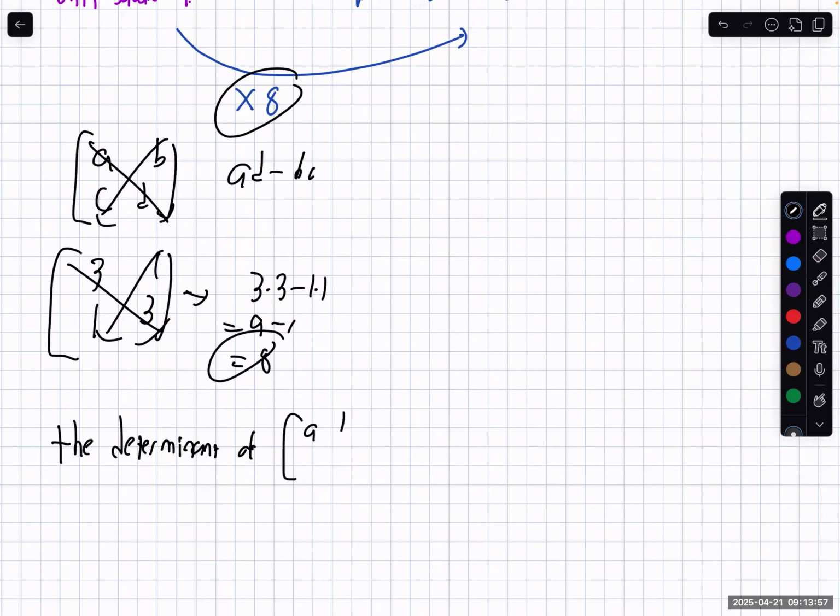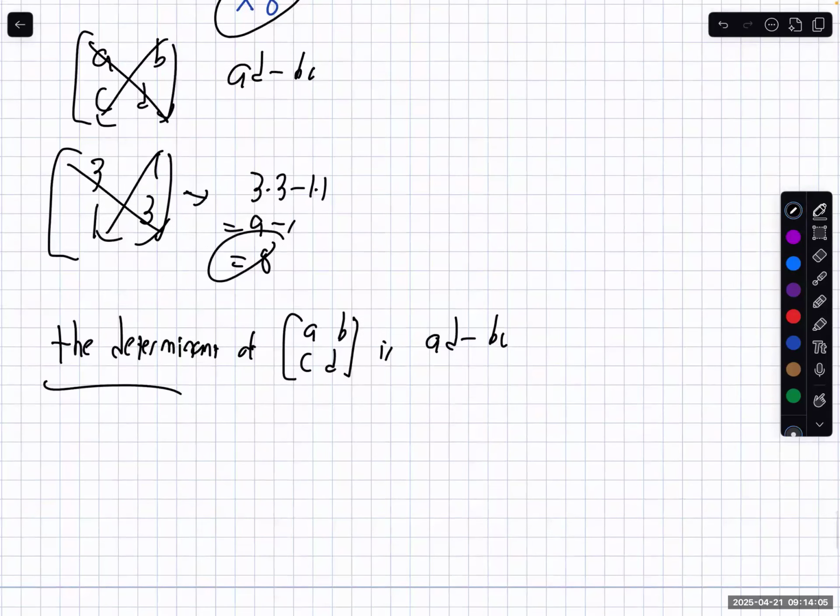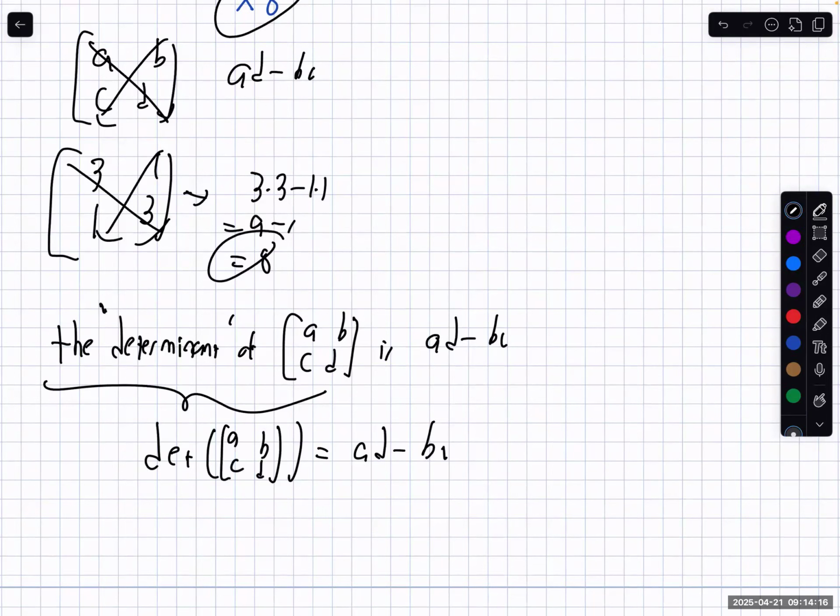So to make things official, the name of that number that we calculate for a given 2x2 matrix is called the determinant. We'll get some nice notation. So we think about this as a function whose input is a matrix and whose output is that number.